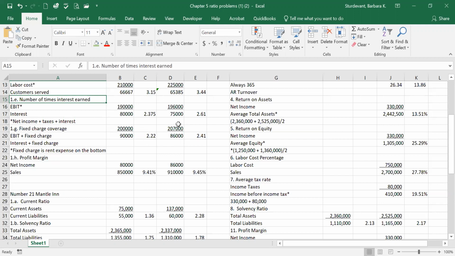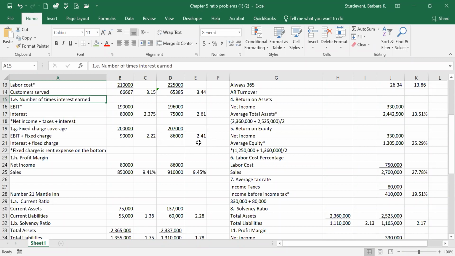Same here. In this case, I add 11 to top and bottom because that was the rent expense. So this is the number of times you cover that. That's taking care of your interest and your fixed charges. And again, we increased from this year to this year because of our decrease in interest.